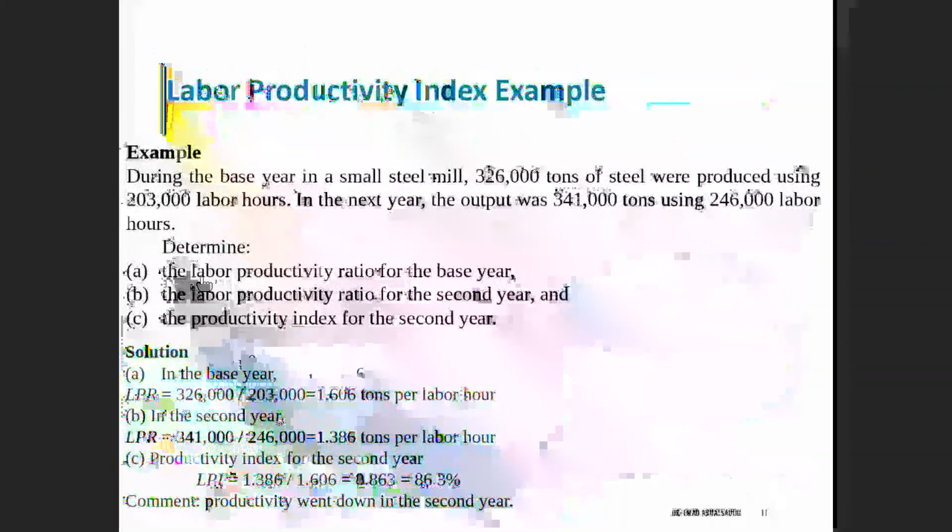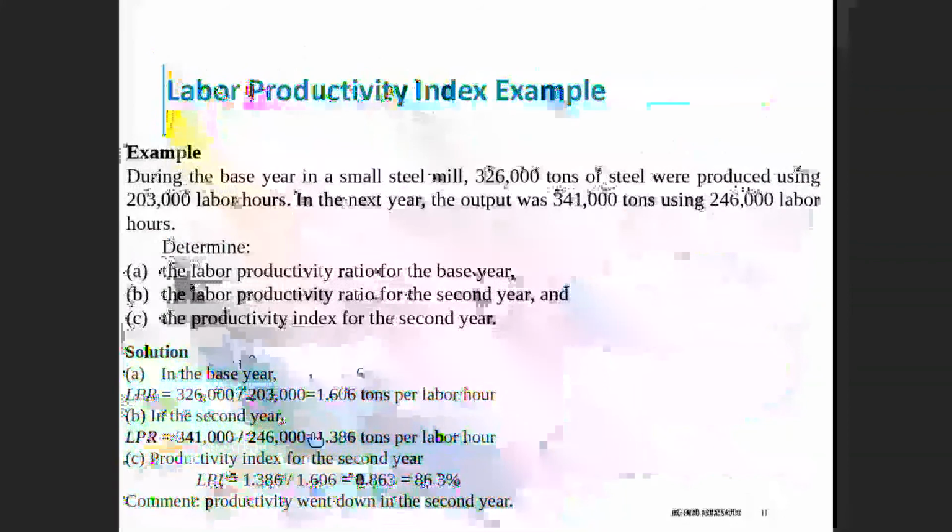And here when it says you find the labor productivity ratio, ايش معناها؟ We divide the quantity over the hours، لأن هو الريشيو between number of tons على number of hours needed. For the base year, the information is given here. For the second year, which is the next year referring to the same, it is 341 over 246.